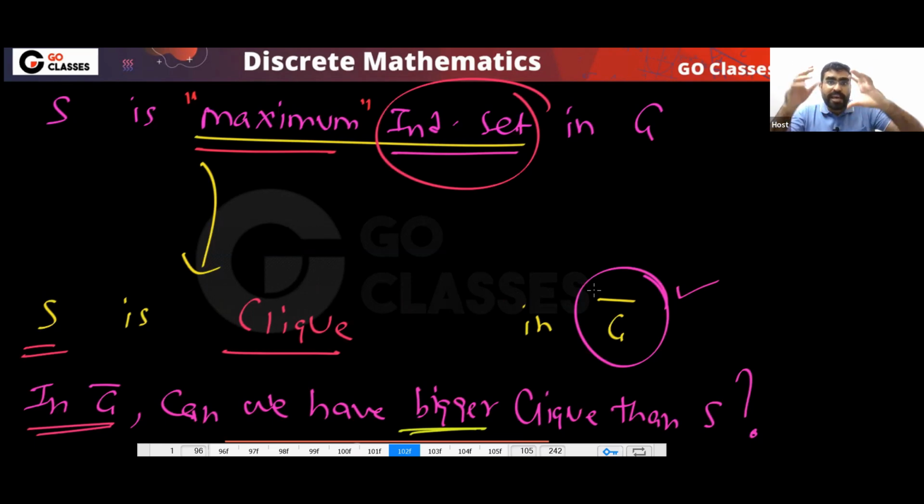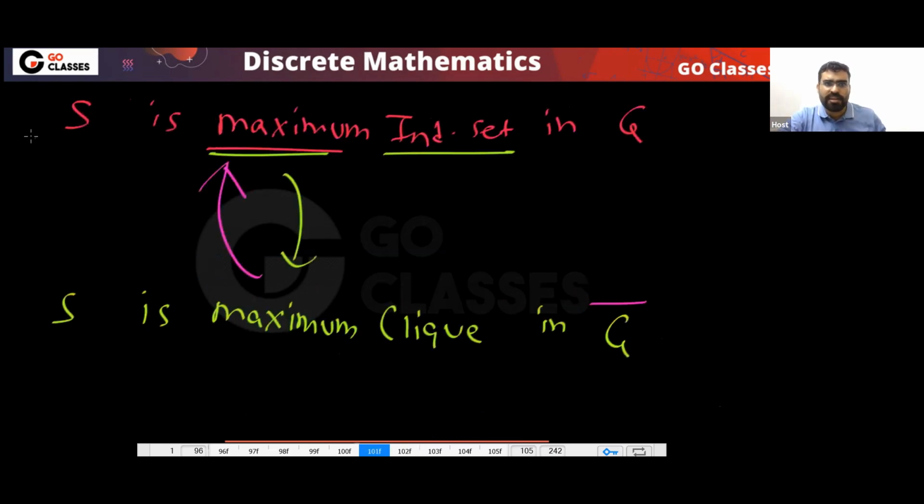But in G complement, can we have a bigger clique? If we have a bigger clique in G complement, then that bigger clique will become an independent set in G. So in G, we will have a bigger independent set, and that is the contradiction, because we are already saying that S is the maximum independent set.